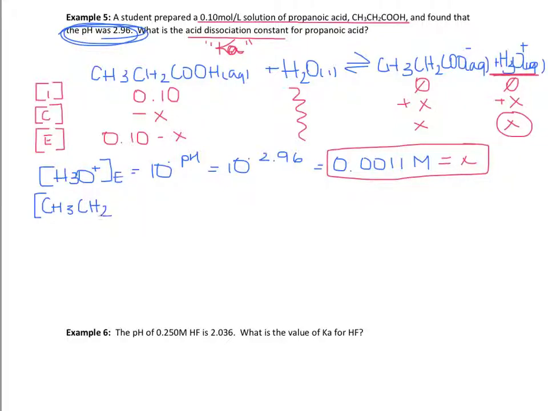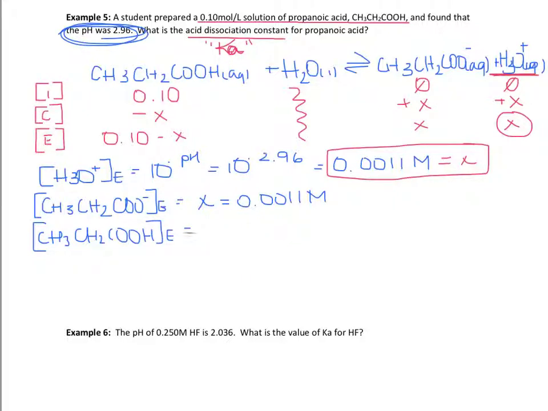CH3, CH2, COO negative at equilibrium is X, so we know this to be 0.0011 molar. Propanoic acid at equilibrium we said was 0.10 minus X, which still remains 0.10 molar.